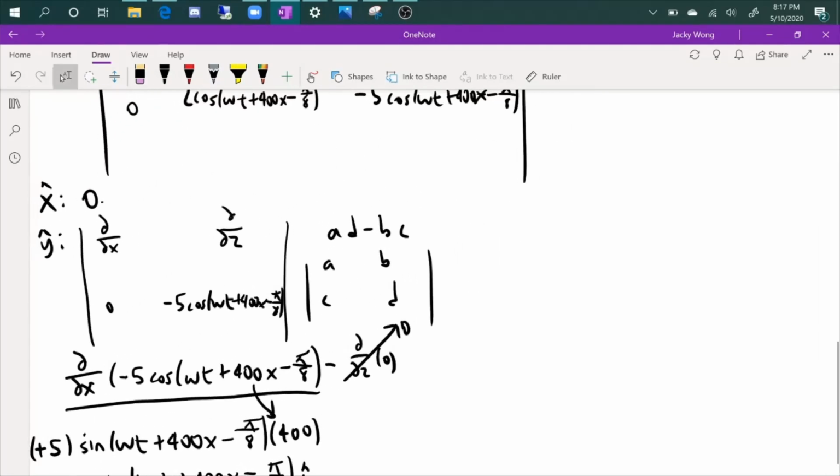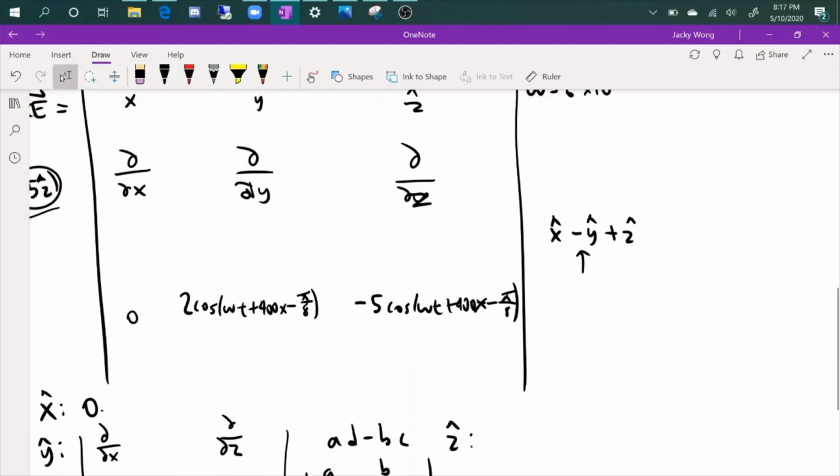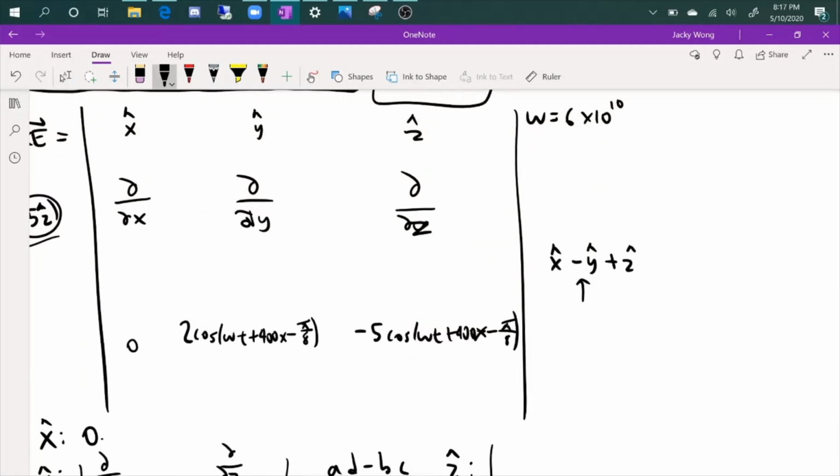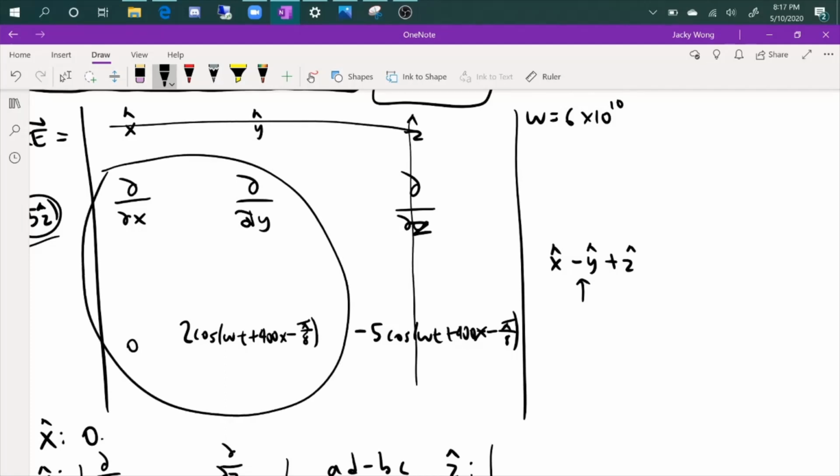How about the z component? If we look at the matrix we made, we have to cross out the z and cross out the first row, so we're left with this matrix.